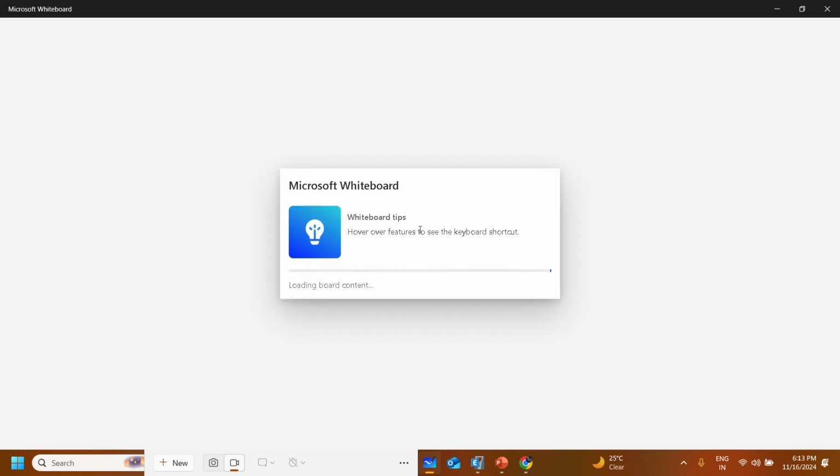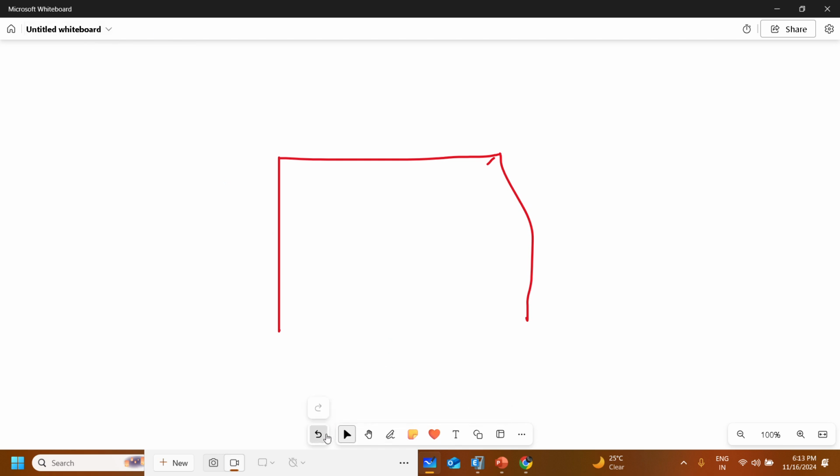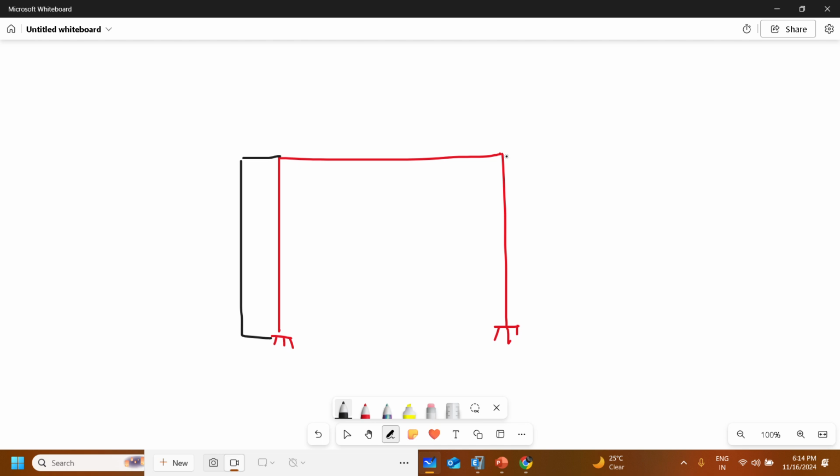When we discuss the bending moment diagram or shear force diagram, you have to be clear about it. This is the structure, and the load is transferred to it.